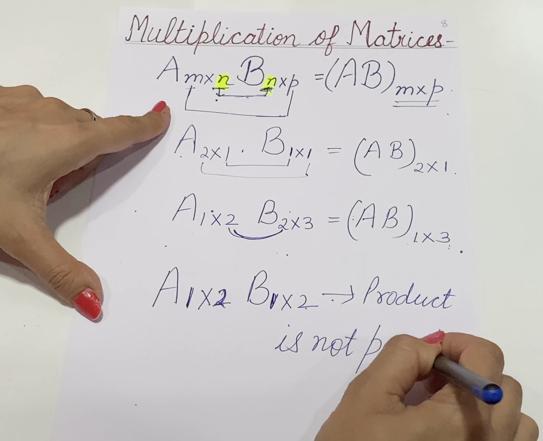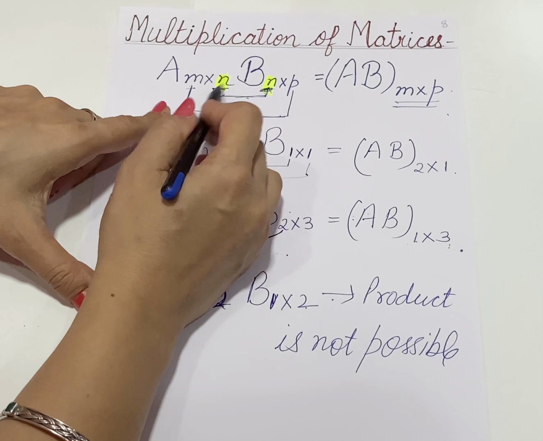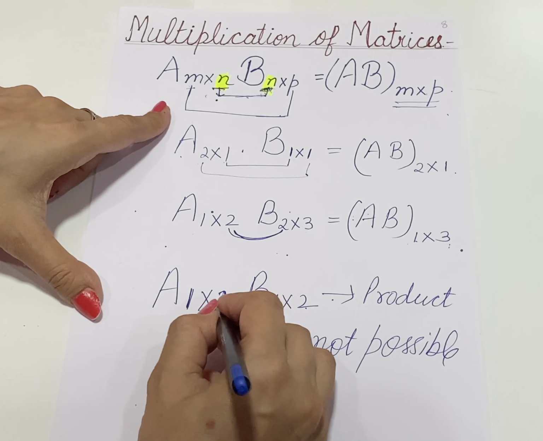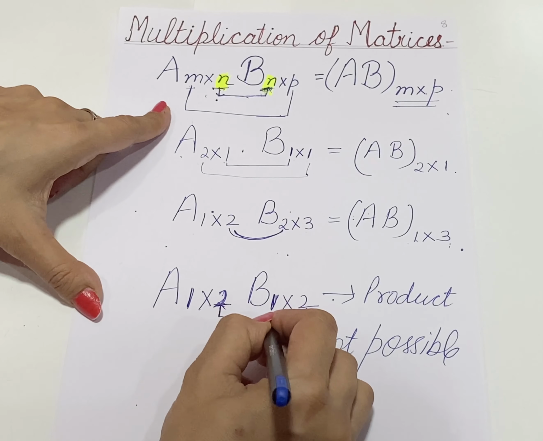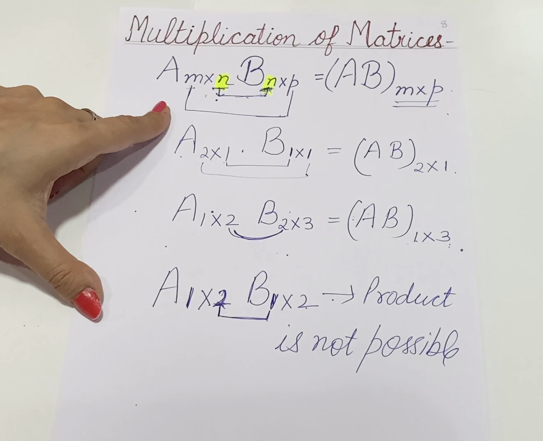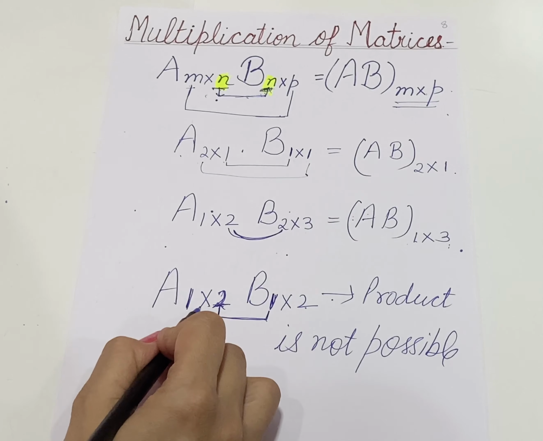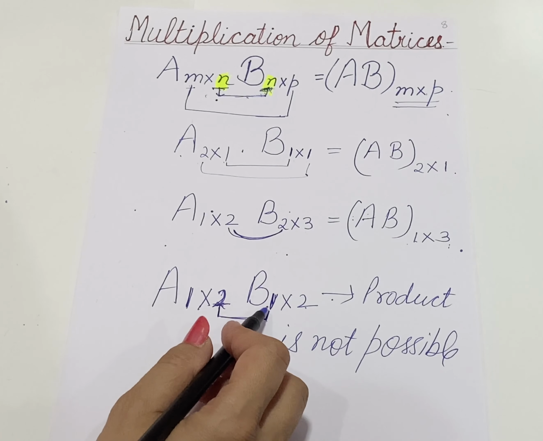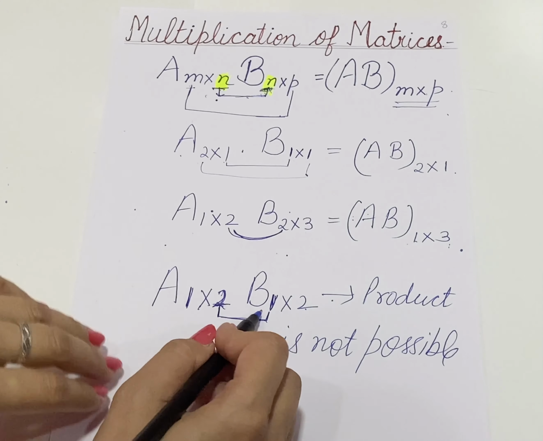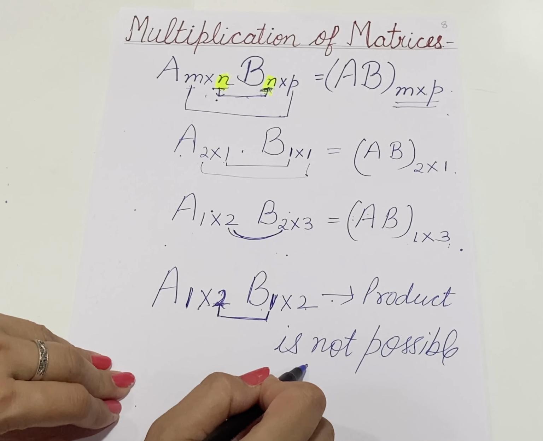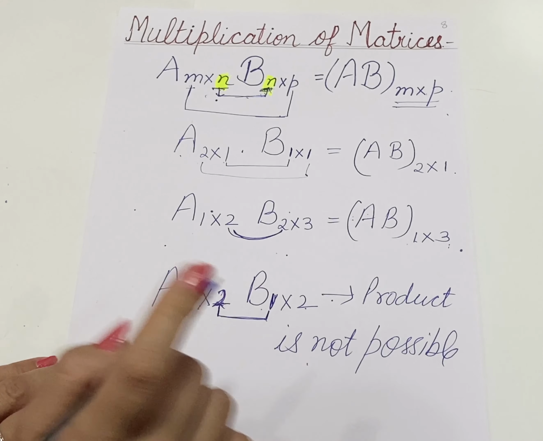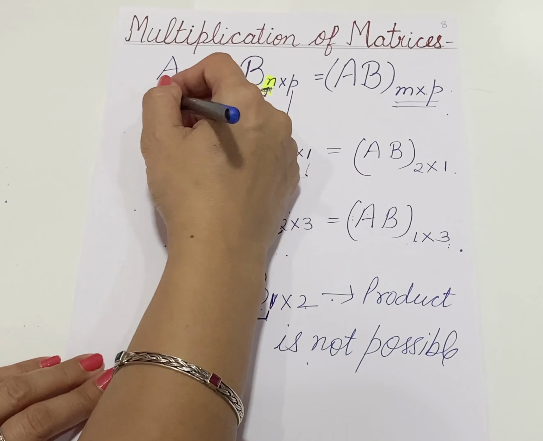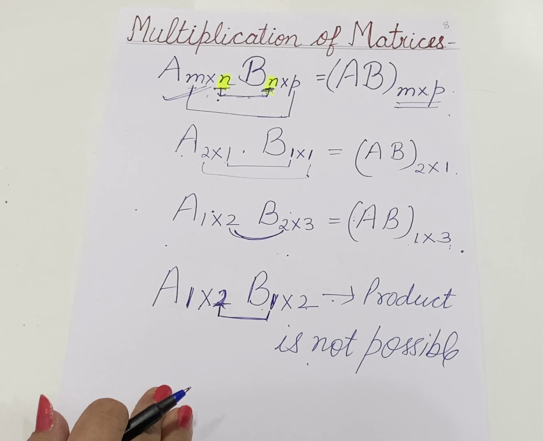Why is the product not possible? Because this condition is not satisfied. The number of columns of the first is not equal to the number of rows of the second. Therefore, this product is not possible. So remember students, whenever you have to do the multiplication, this is the first step which you have to check.